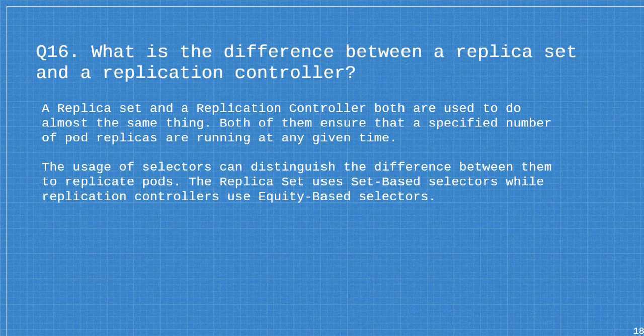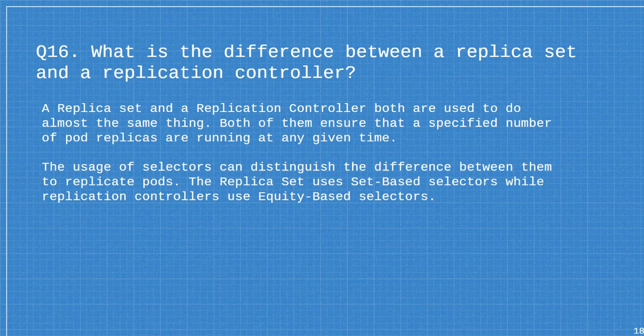Like in the replica controller, I have passed: wherever you find app is equal to nginx, you have to make sure that 3 pods are available, 3 replicas are available. So that's the case of the controller. It will check whichever pods have the label app equal to nginx, it will make its count and scale to 3.